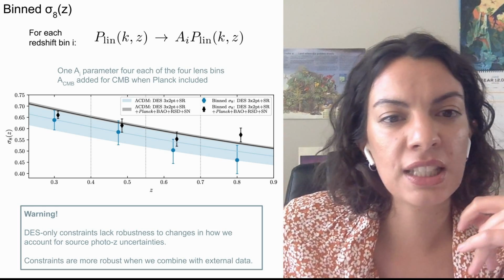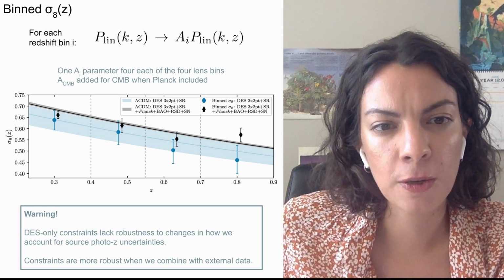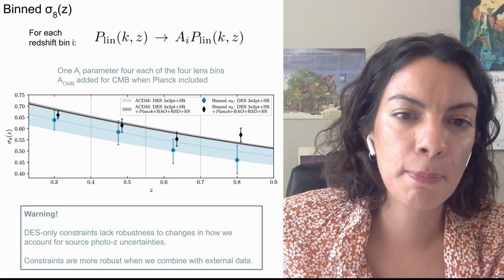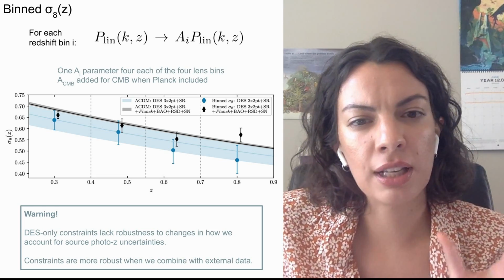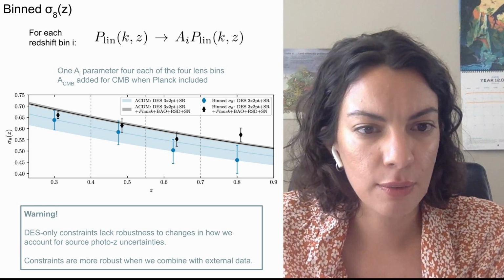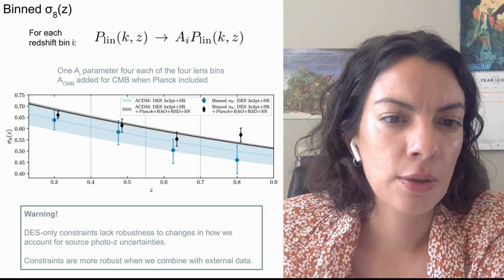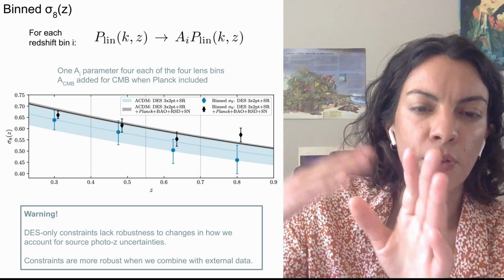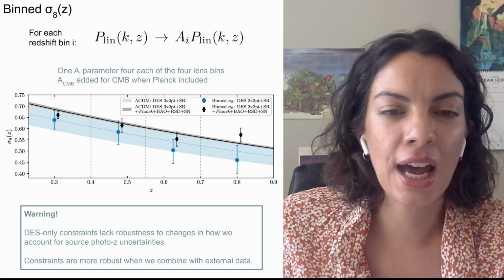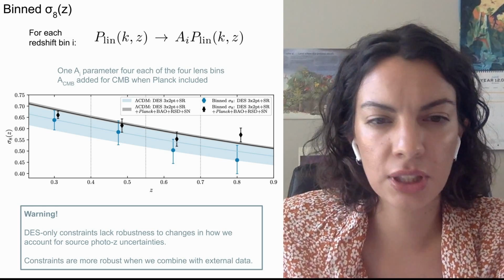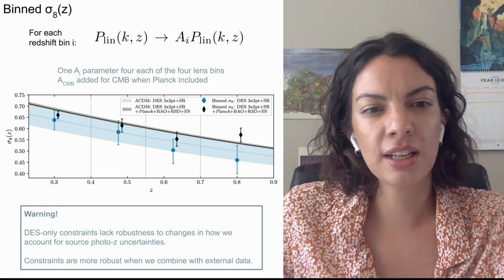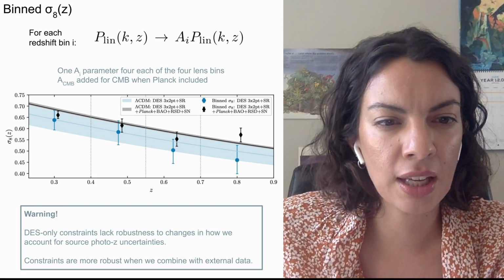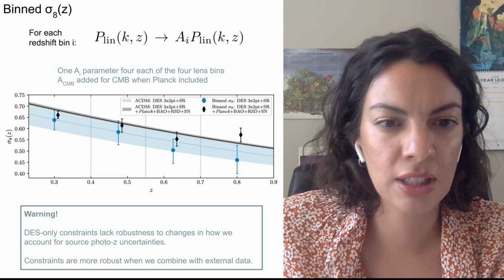So what we did is rescale the matter power spectrum by a parameter, A_i, in each of the lens redshift bins. We reframe those A_i, which are the equivalent of the standard A_s, and rescale them in terms of sigma 8, which is shown here in this plot.